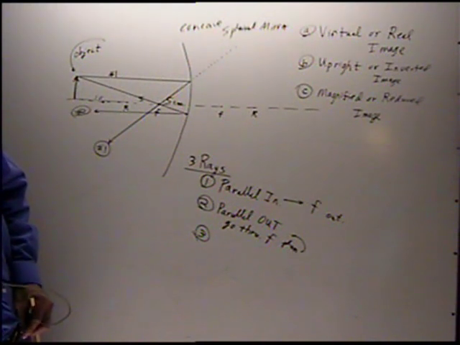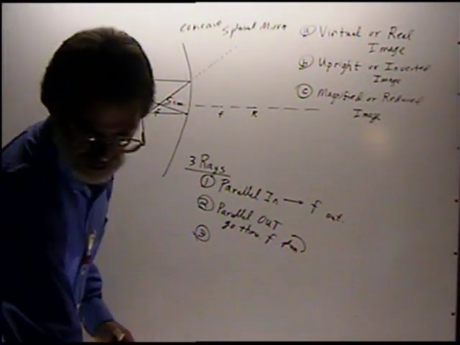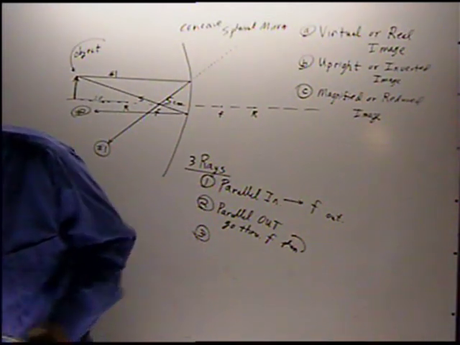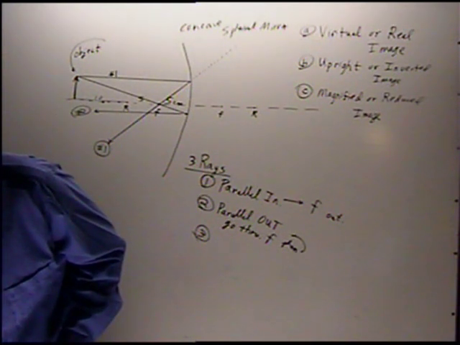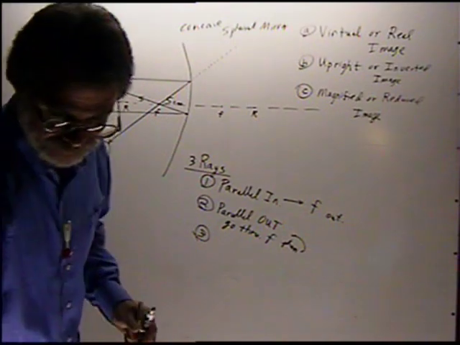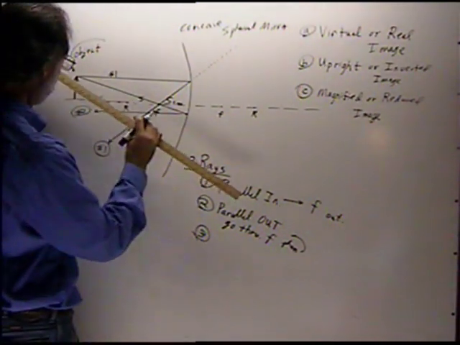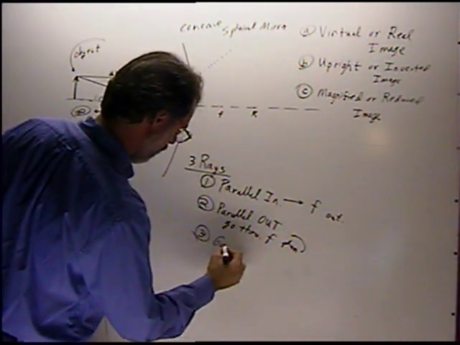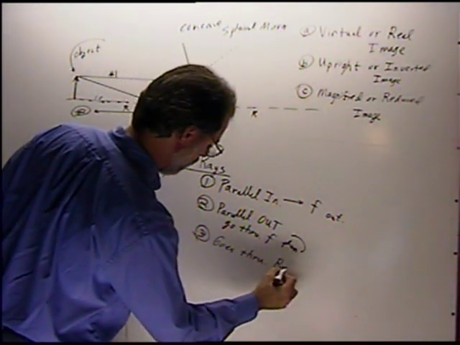Okay, then ray number 3, it goes, let's see here. Ray number, well, I just made an error right here. Okay, ray number 3 goes through the radius.